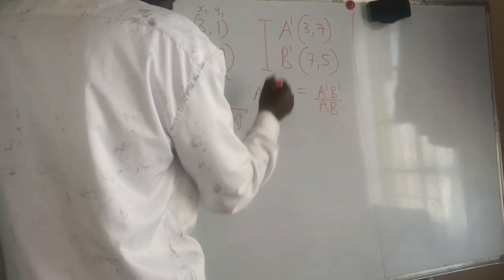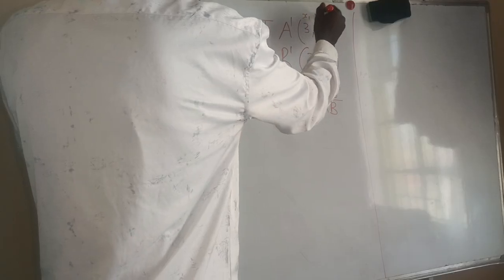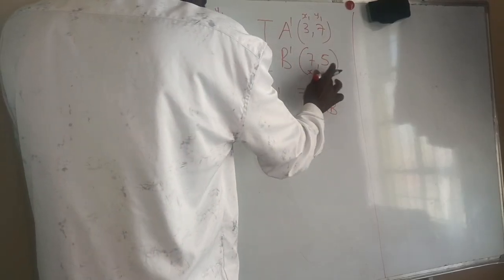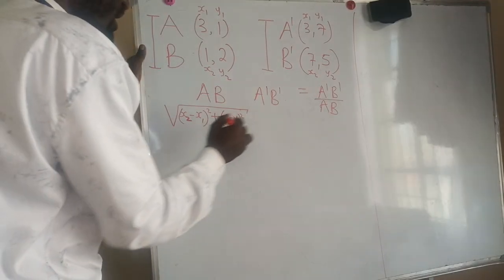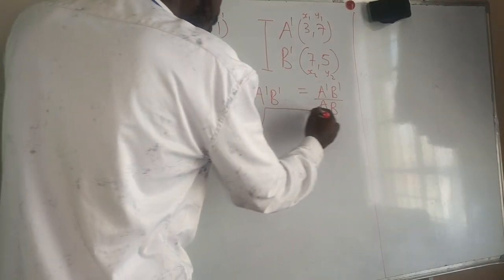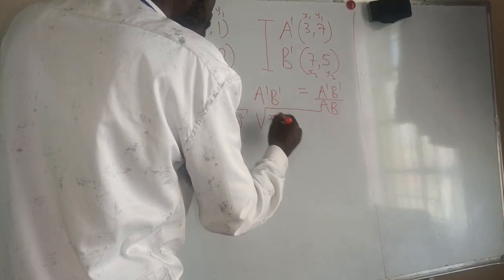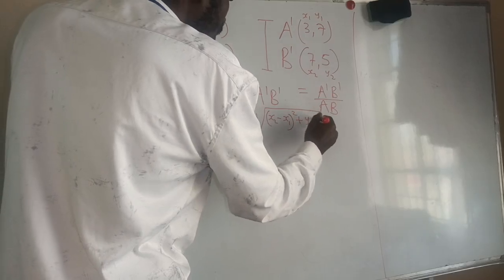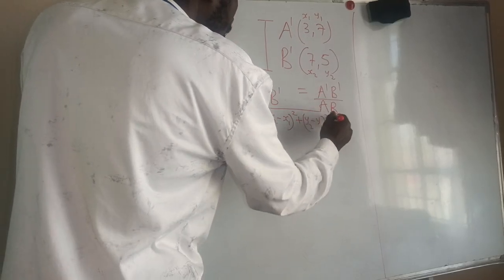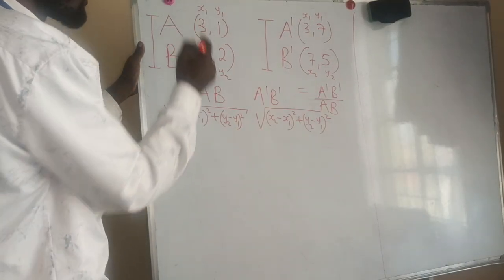You'll do the same thing here. You'll treat this to be your x1, y1, then x2, y2. We'll proceed. So we shall have again the square root of x2 minus x1 squared plus y2 minus y1 squared. The same thing.